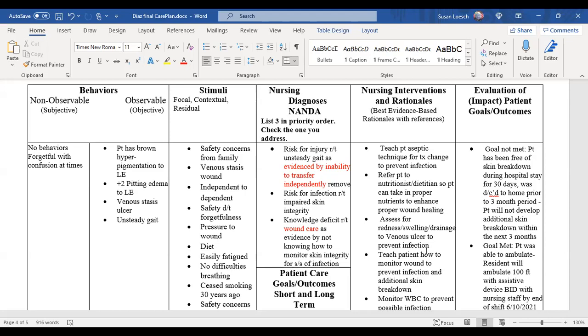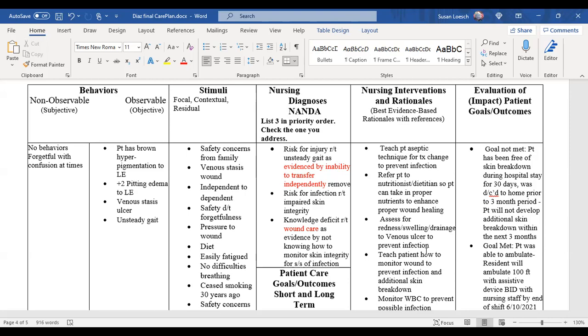So her knowledge deficit for this patient is related to the wound care, and it's evidenced by the patient not being able to identify the signs and symptoms of infection or being able to perform aseptic technique when performing the wound care. So now your interventions and your goals, everything should be married together here. All that should correlate towards that nursing diagnosis.